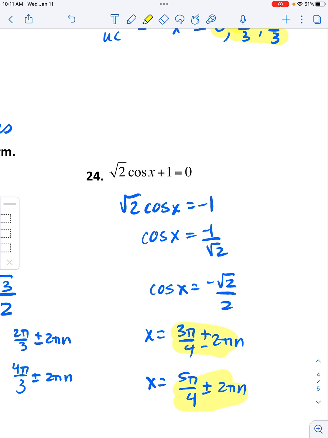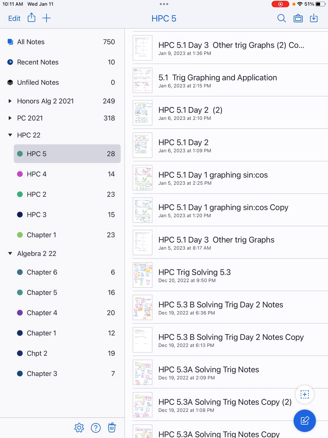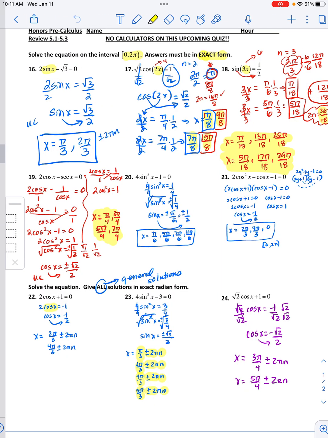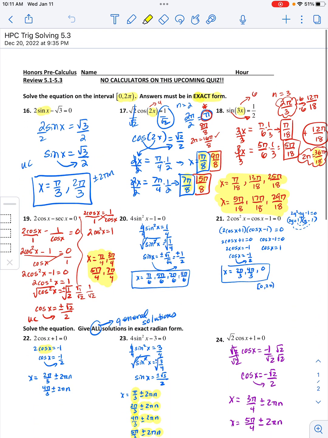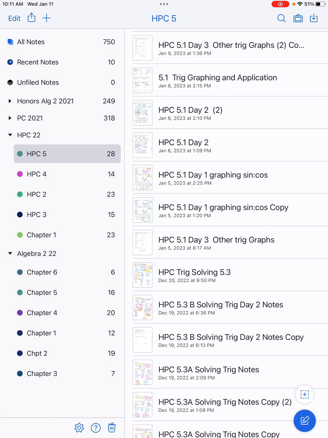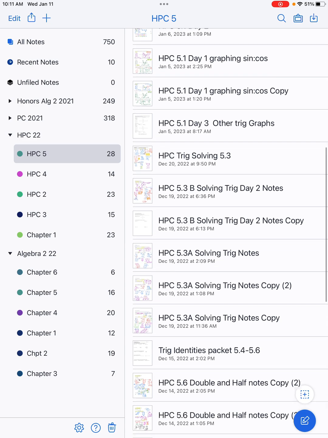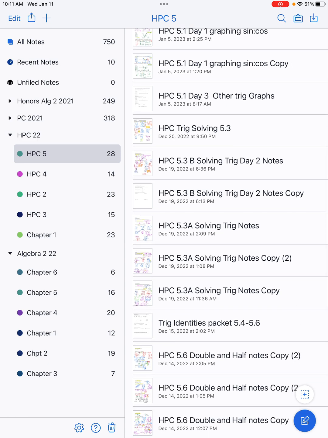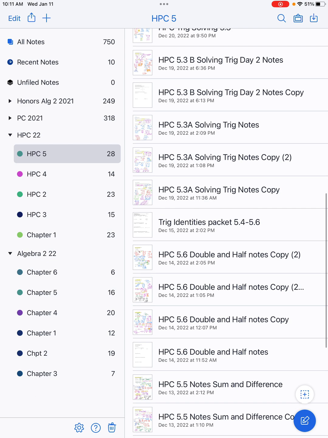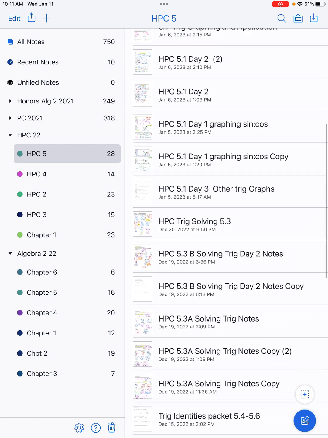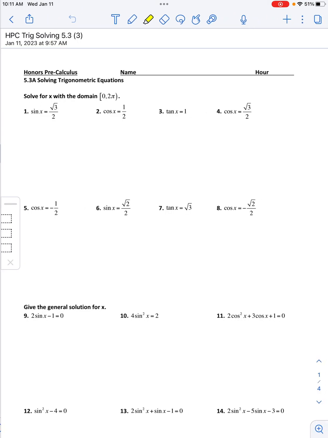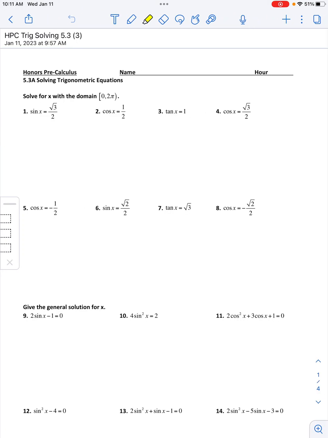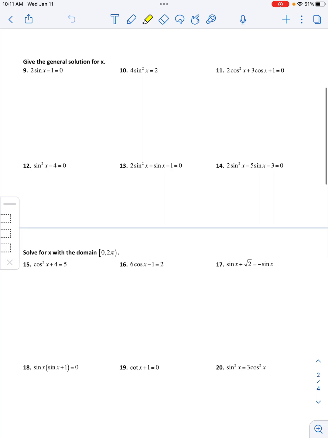Stick with me here a second. I'm just trying to find something that has notes. I'm just looking to see if I can find a solving thing that has secants, cosecants, cotangents on it. I don't see it yet.